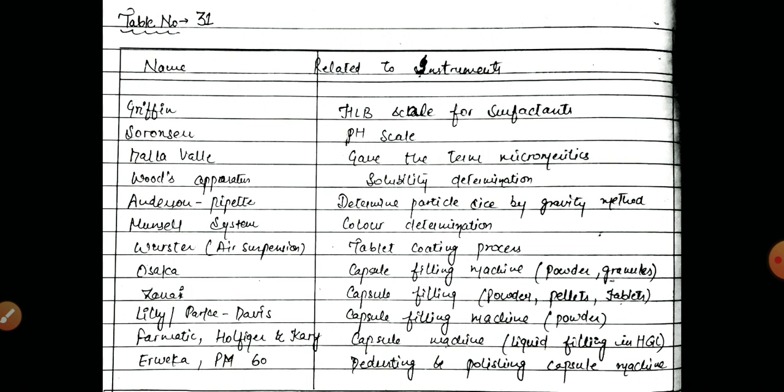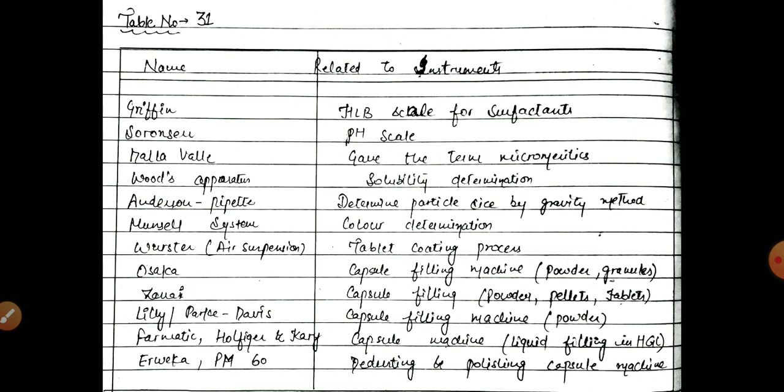Then Sorensen, regarding the pH scale, and Della Valle, who gave the term micromeritics, and Wood separator, an apparatus for solubility, and Anderson pipette, used to determine particle size by the gravity method, and Munsell system, related to color determination, and Wurster regarding air suspension, which is related to the tablet coating process.